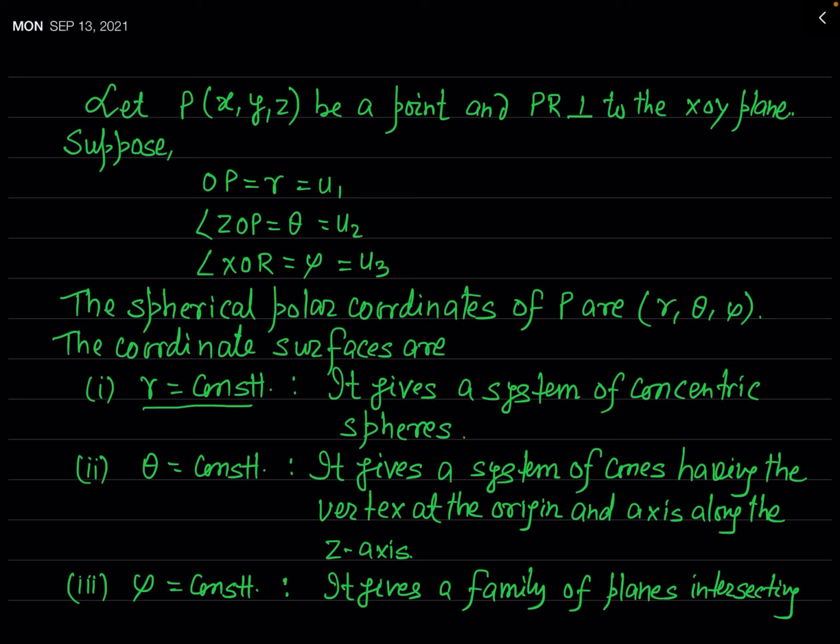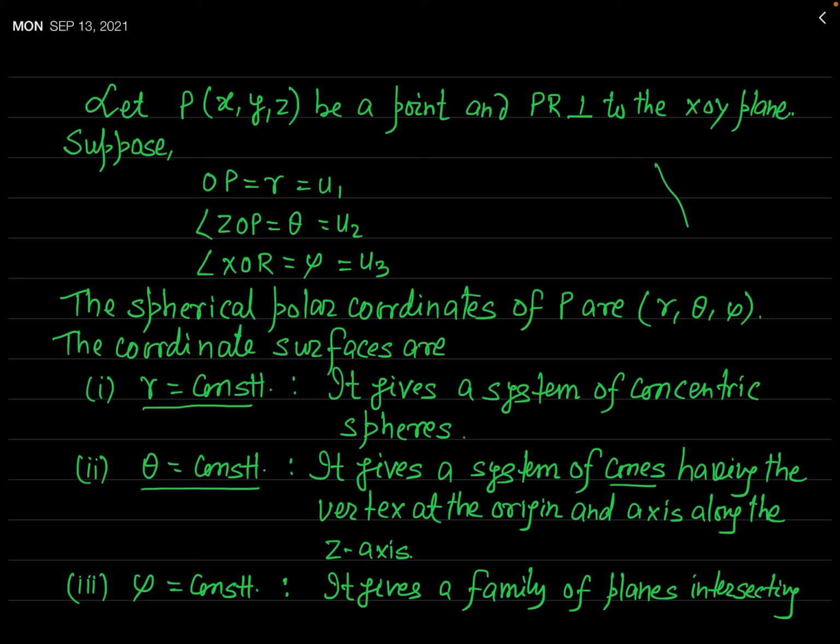Actually r equal to constant represents the system of concentric spheres. The another coordinate surface is represented by the equation theta equal to constant, and actually it gives a system of cones having the vertex at the origin and axis along the z-axis.